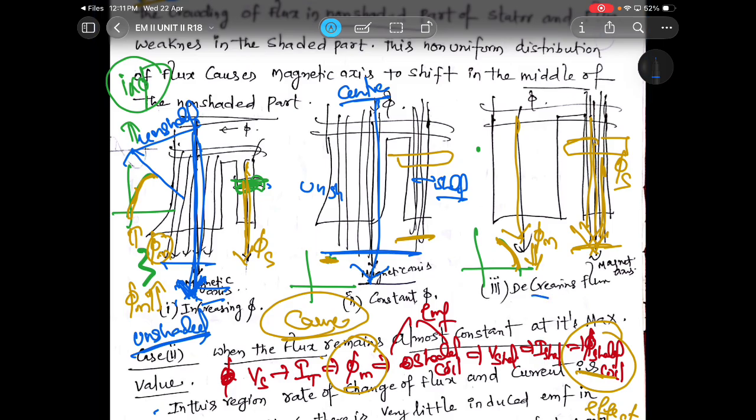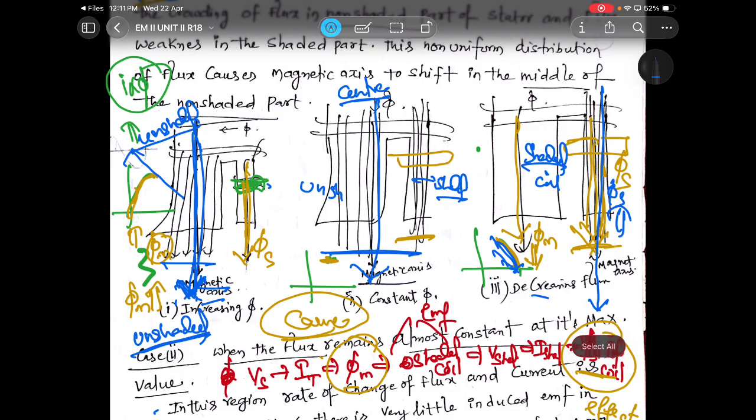Whereas in the last case, as the main field flux is decreasing, the shaded flux is increasing. So more amount of flux is available at the shaded coil, and the magnetic axis is in the shaded coil portion.